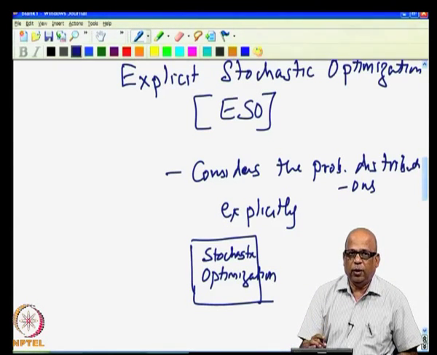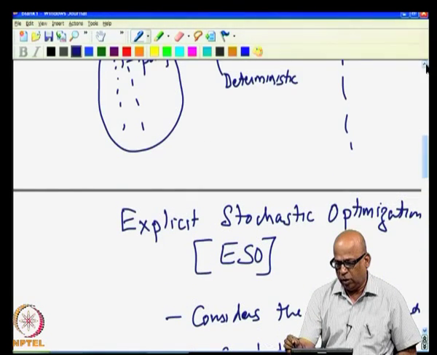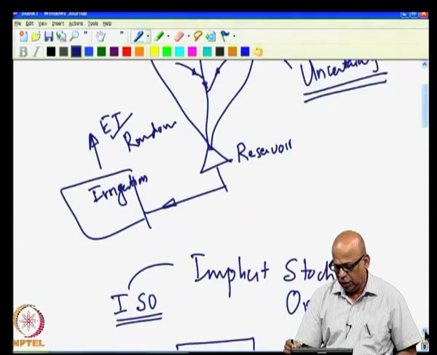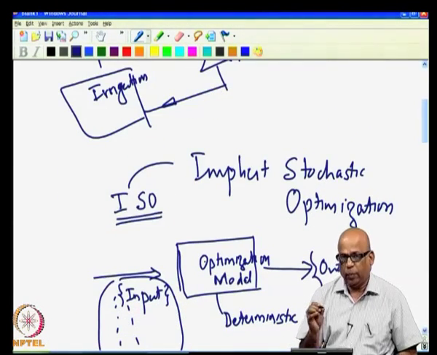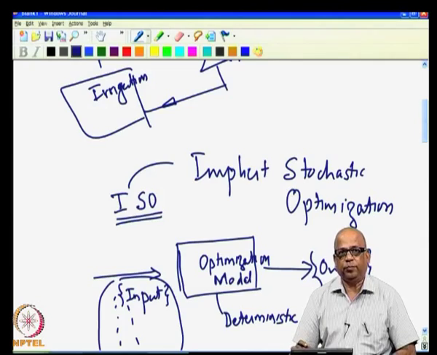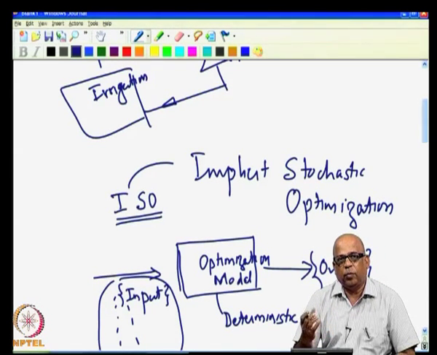So, you run the stochastic optimization model only once, unlike the implicit stochastic optimization model, in which you need to make several runs of the optimization model, each associated with one sequence of inputs. So, that is the primary difference. In the implicit stochastic optimization model, the model remains deterministic.